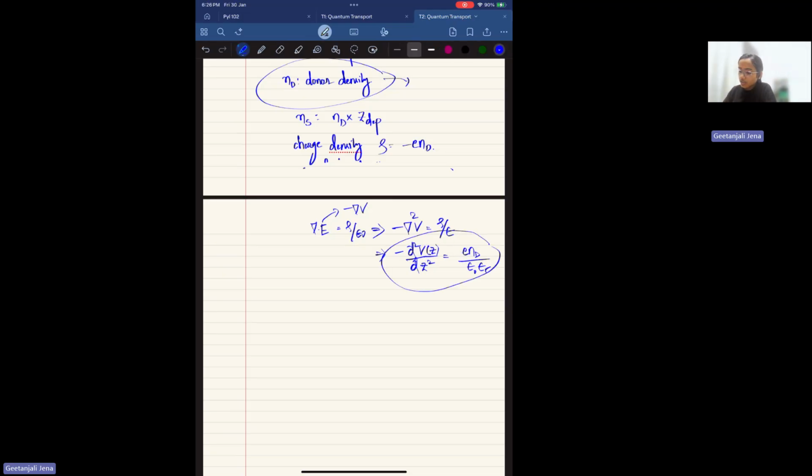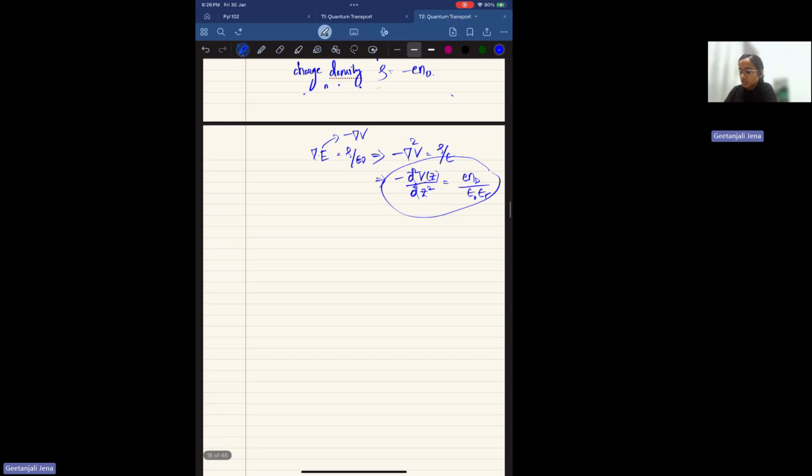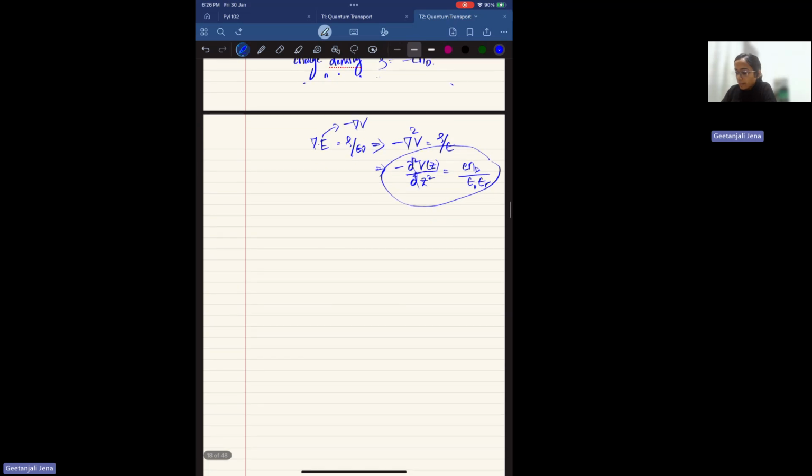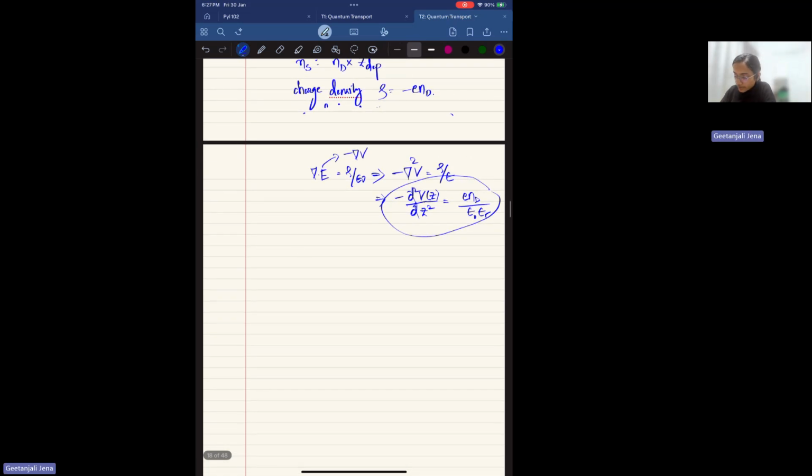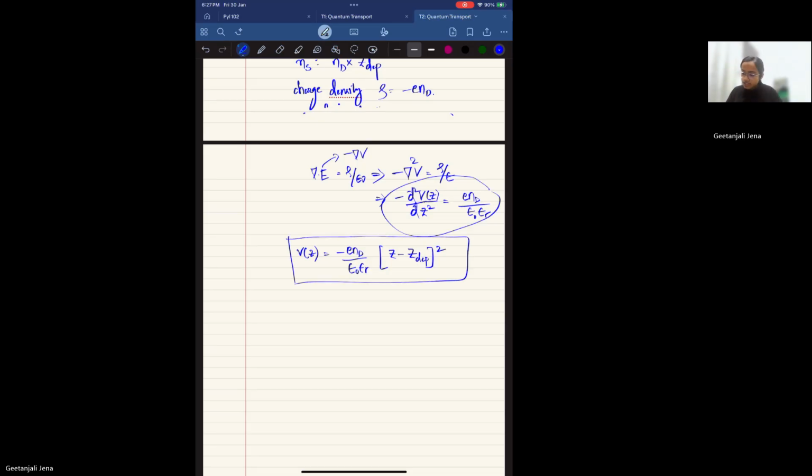So if we solve this double differential equation, we have V of Z is minus e Nd over epsilon naught epsilon R times Z minus Z depletion square. So this is a function of potential, a function of Z. What is the variation of potential?